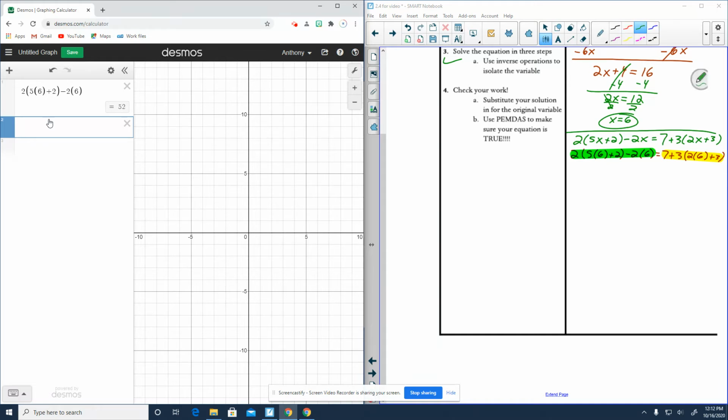That's going to give me 52. And then on the right side, I should get 52 as well. So let's see, 7 plus 3 times 2 times 6 plus 3 also gives me 52. So I know that my answer is correct.